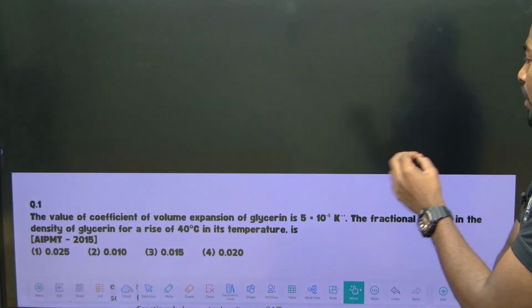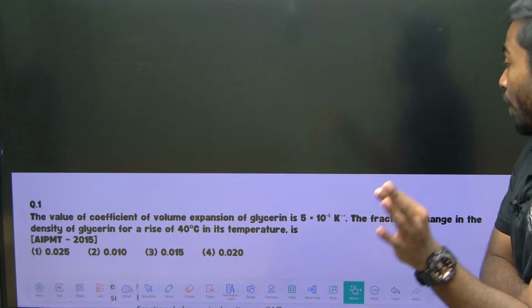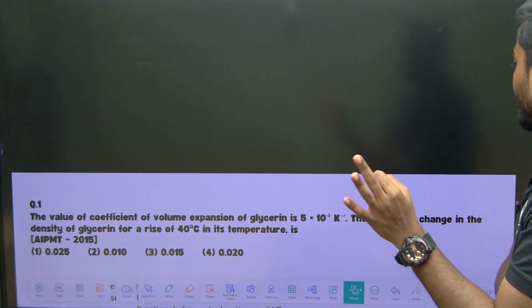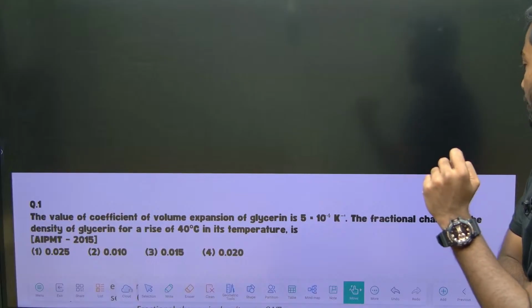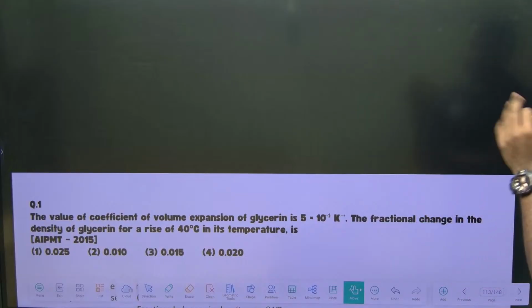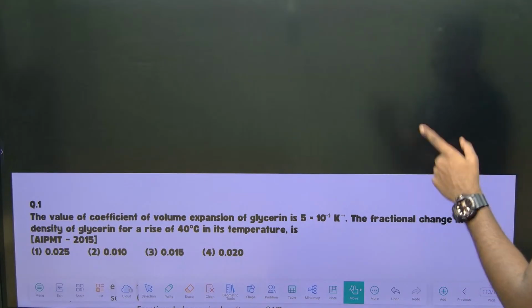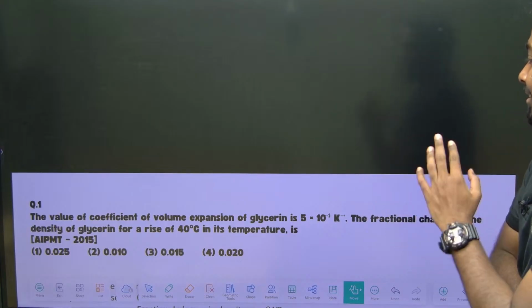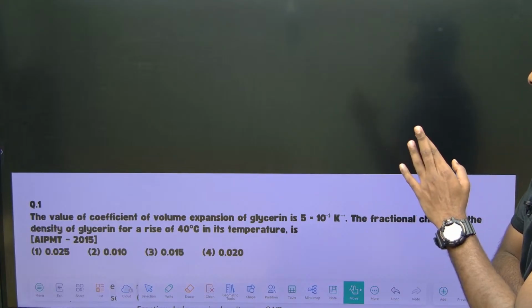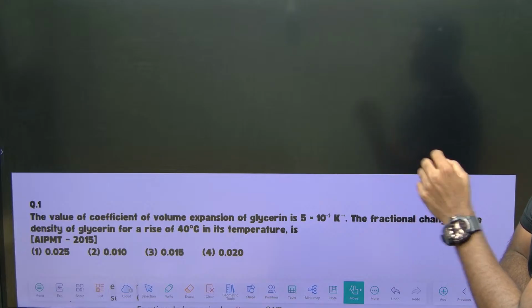The value of the coefficient of volume expansion of glycerin is 5 into 10 power minus 4 per Kelvin. The fractional change in the density of glycerin for a rise of 40 degrees Celsius in its temperature is?